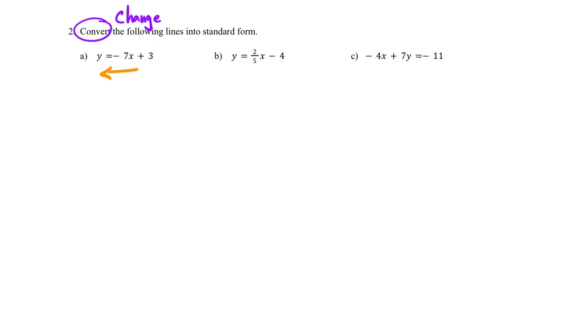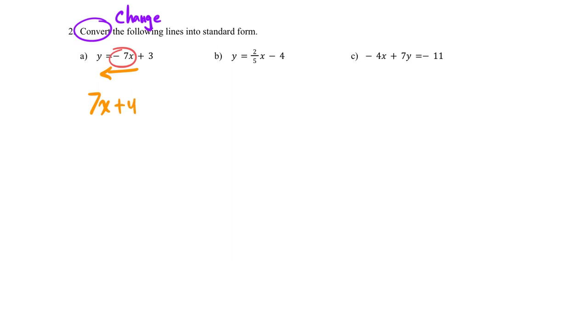That's going to ensure that the coefficient on my x is positive, and then whatever else happens is just kind of going along for the ride. I will cure the problem of my variables being on different sides and my coefficient of my x being negative all in one step. So to get rid of that minus 7x, I need to add 7x.